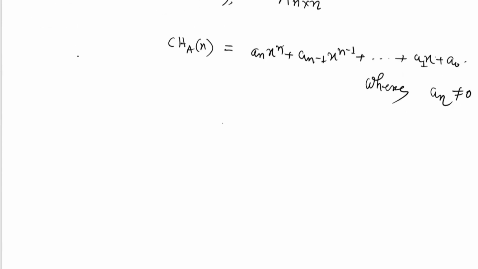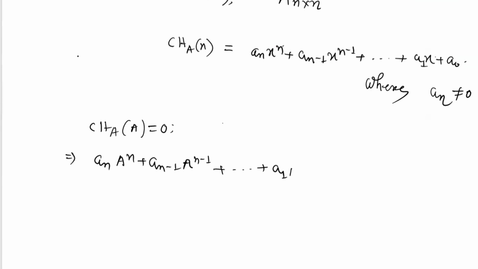We also know that by the Cayley-Hamilton theorem every matrix satisfies its characteristic polynomial. So ch_A(A) equals 0. That means a_n A to the power n plus a_(n-1) A to the power n minus 1 plus ... plus a_1 A plus a_0 I equals 0.